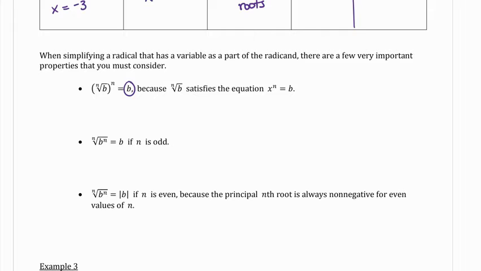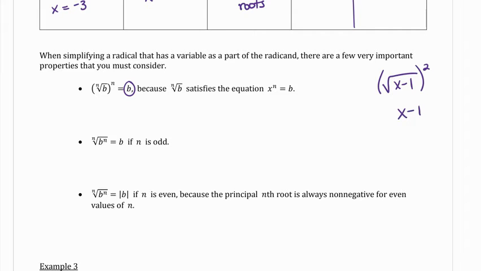We did this in the last unit. We talked about where we had x minus 1 squared. If I then take the square root of that, then I just end up with x minus 1. Or the same thing works if I have the square root of x minus 1 and then I square that, I just end up with x minus 1.